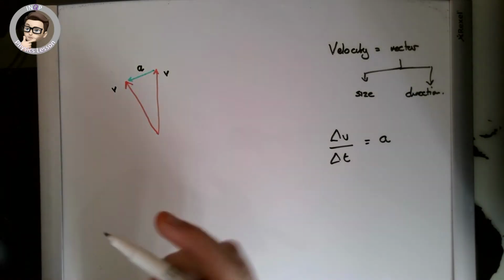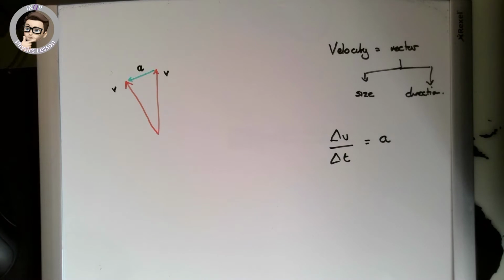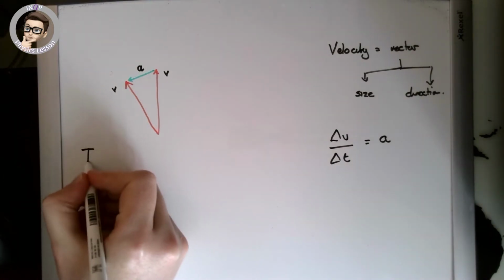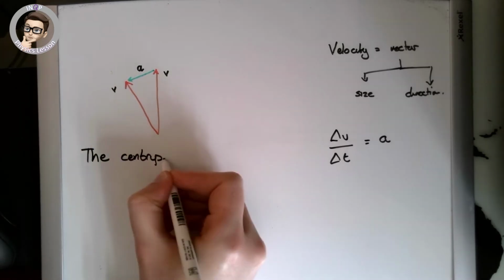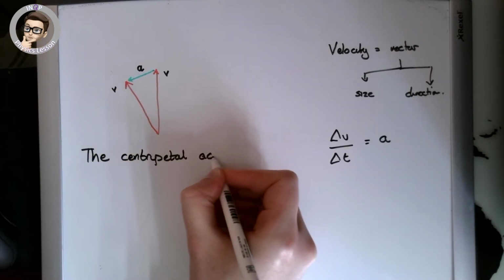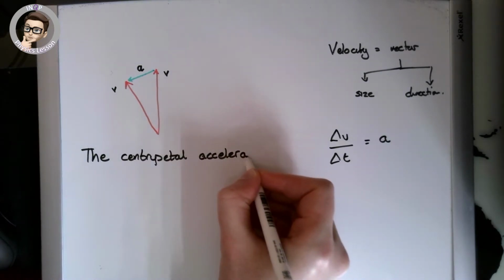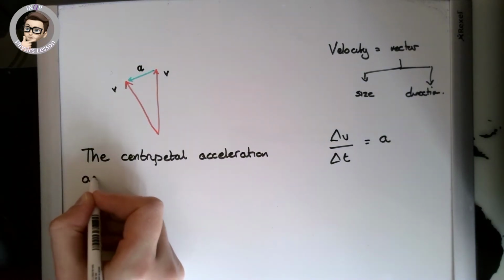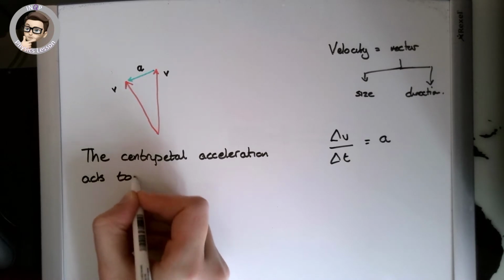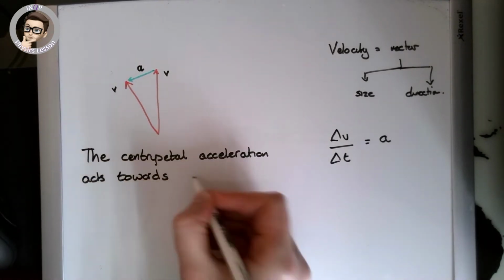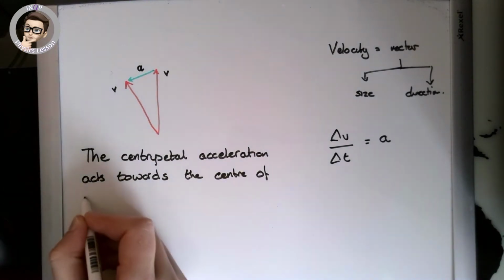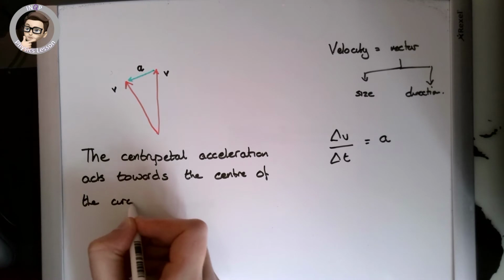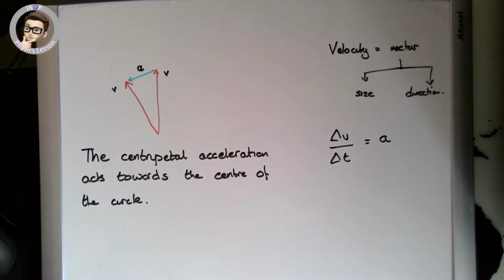So the centripetal acceleration acts towards the centre of the circle, or the circular route that it's describing as it moves round.